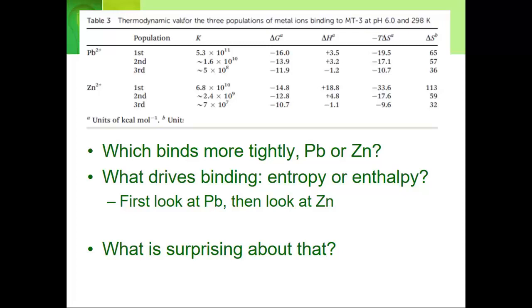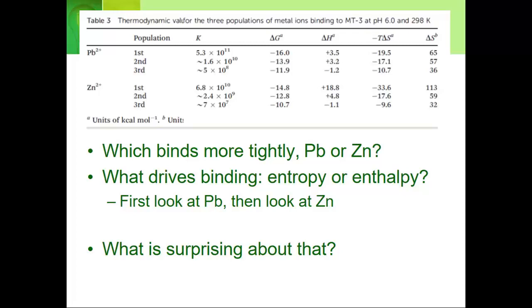So if you look up at these, let me just ask you the kind of questions I could ask you on a test. Let's say, okay, which binds more tightly, lead or zinc? You've got to look at the three, but you can sort of compare the first to the first and second to the second and things like that because it's pretty consistent. Which binds more tightly to the metallothionein? Is it the lead or the zinc?